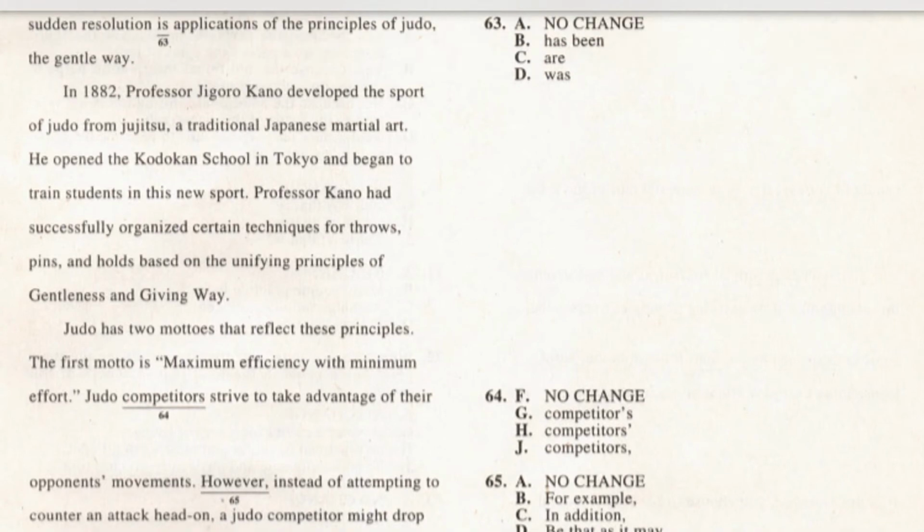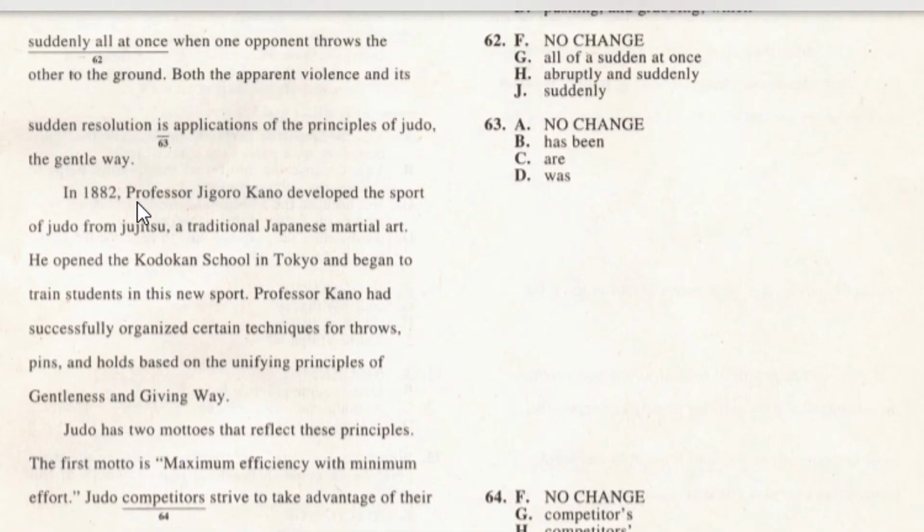Then in the next paragraph topic sentence, it says, Professor Kano developed the sport from jiu-jitsu. So he developed a sport from a different sport that's probably a little bit gentler than this jiu-jitsu way. Take a look at the next paragraph topic sentence.